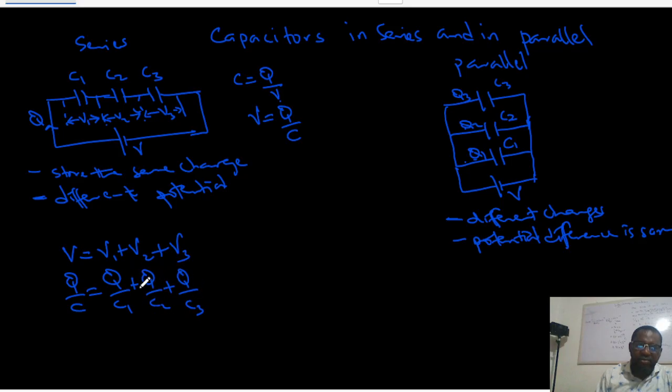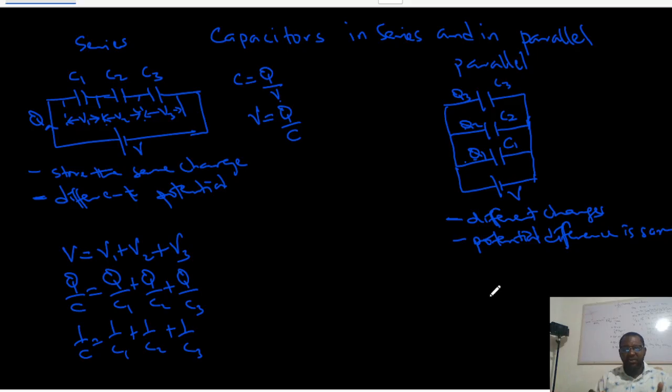Q remains the same for all of them, so I can divide through by Q. I'm going to have 1 over C equals 1 over C1 plus 1 over C2 plus 1 over C3. So this is how you deal with capacitors in series, no matter how long.